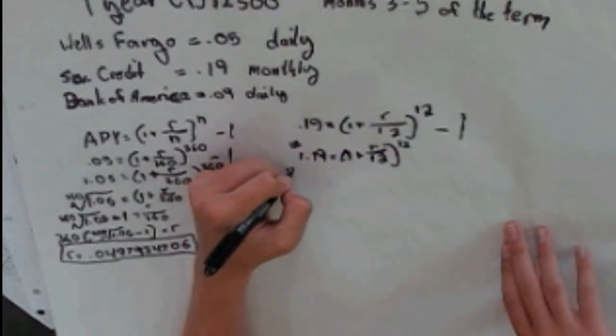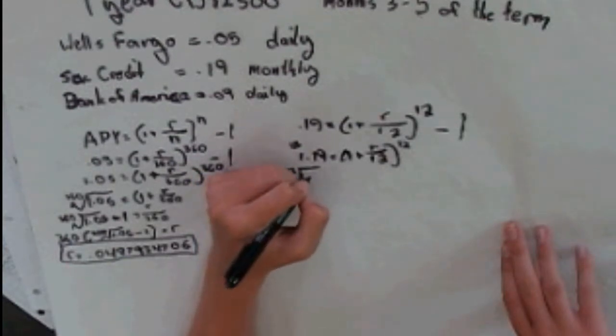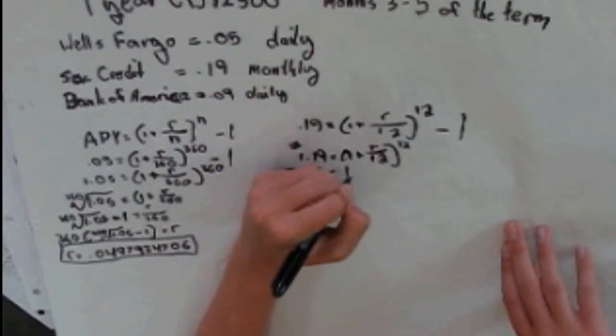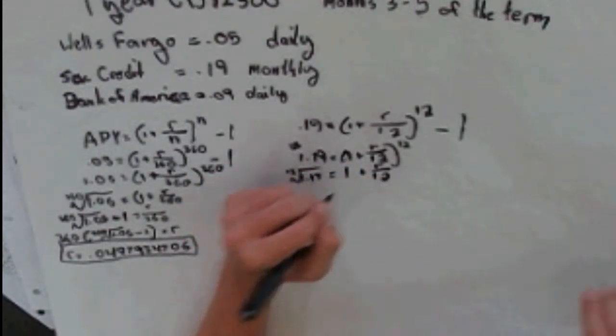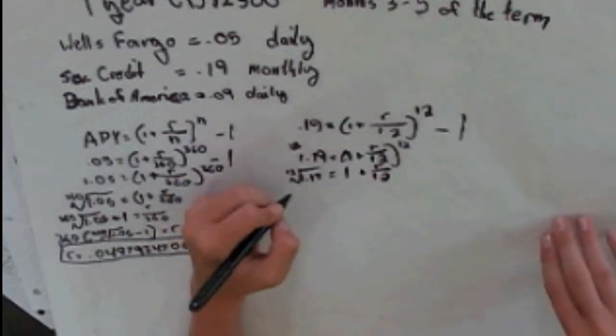Take the 12th root of that. 1.19 to the one-twelfth equals 1 plus R over 12. Now I'm going to subtract 1 and then multiply the whole thing by 12.